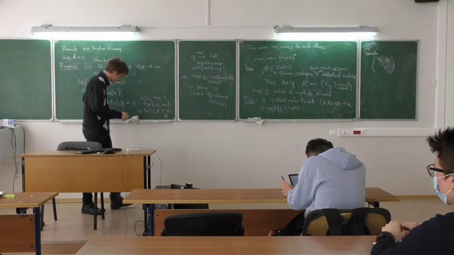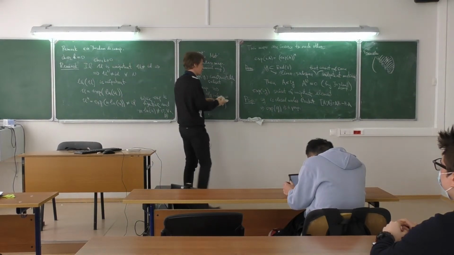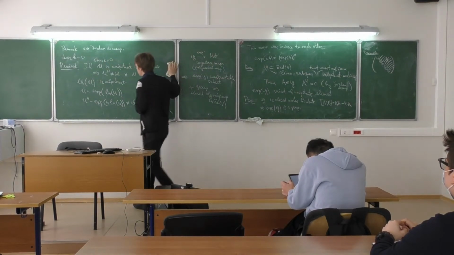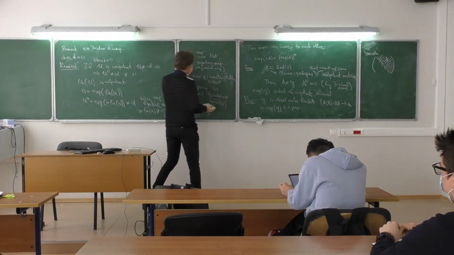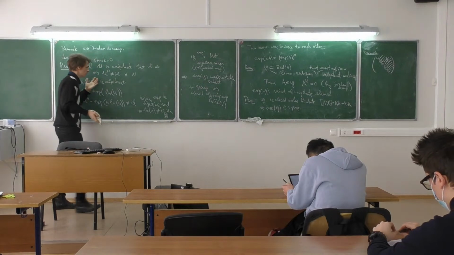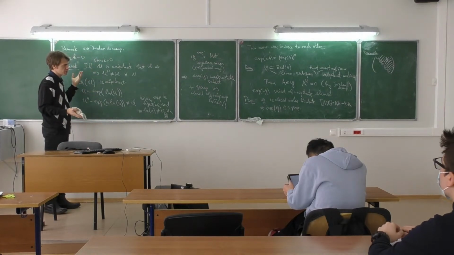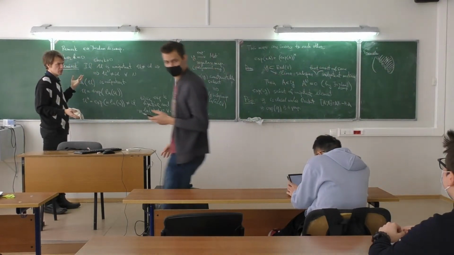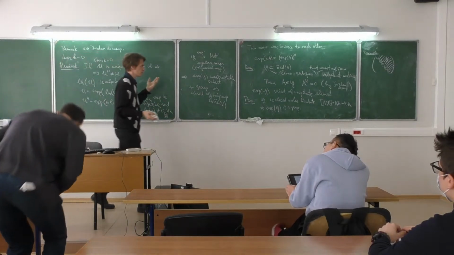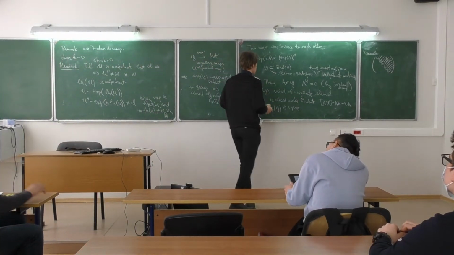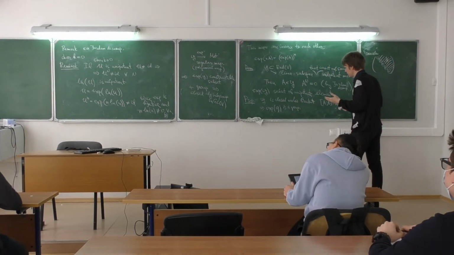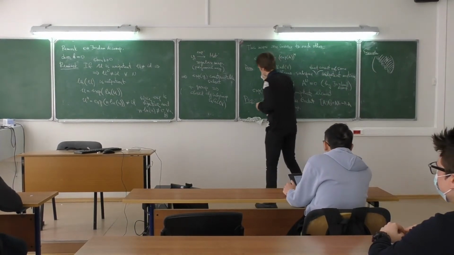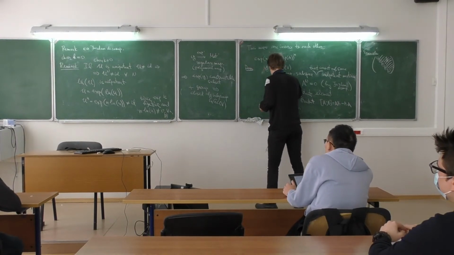Yeah, so, okay. And what about characteristic P? Yeah, so it shows that if you have the algebra formed by nilpotent matrices, the Lie algebra, then the exponent is a group that consists of unipotent matrices.